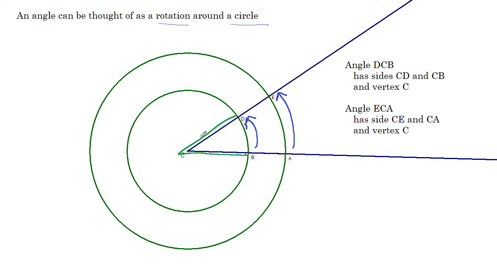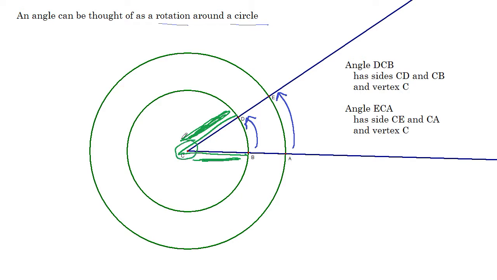And when I drew here from B rotating to D, that's exactly the angle we're talking about.